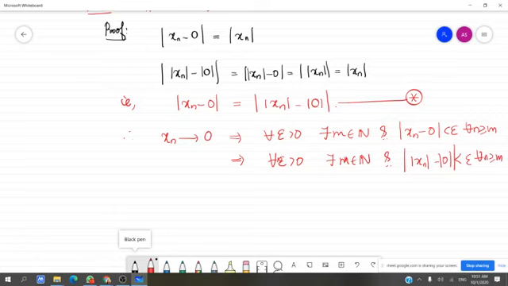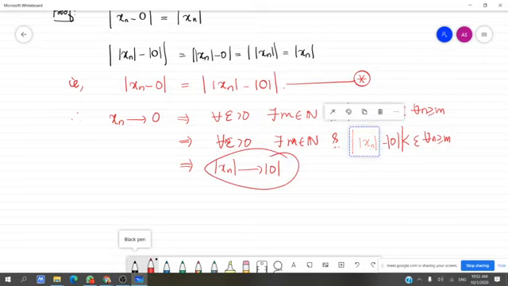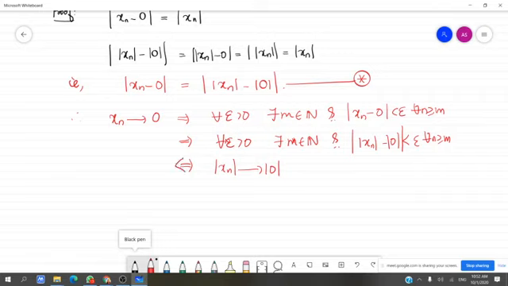By the same condition star, equation star, ഇത് ഇപ്പുറത്തേക്ക് ഇംപ്ലൈ ചെയ്യും അല്ലേ മോഡുലസ് ഓഫ് എക്സ് എൻ മൈനസ് സീറോ സെയിം ആസ് മോഡുലസ് ഓഫ് മോഡ് എക്സ് എൻ മൈനസ് സീറോ. സോ എനിക്ക് ഇത് ഈ എഴുതിയിരിക്കുന്നതിൻ്റെ അർത്ഥം എന്താണ് മോഡുലസ് ഓഫ് എക്സ് എൻ കൺവേഴ്സ് ടു മോഡ് സീറോ എന്നാണ്. ആൻഡ് ദ റൈറ്റ് ദിസ് വിൽ ഇംപ്ലൈ, this condition will imply this, that means by definition this implies this, and this will imply this, the above condition by equation star, and this condition implies xn converges to 0, so both are equivalent.